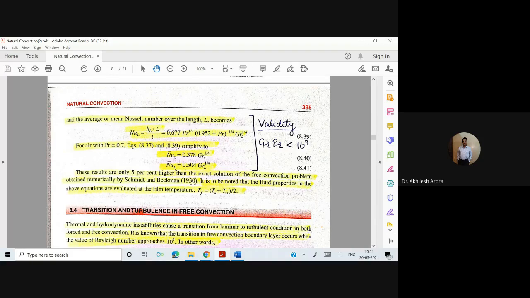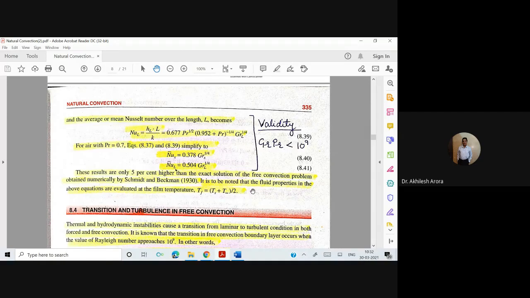Now what is to be seen here is that the fluid properties in the above equations are to be calculated at the film temperature. Now, what is this film temperature? The temperature of the vertical flat plate is Ts, whereas the surrounding air temperature is T infinity. So the film temperature is given by Ts plus T infinity divided by 2.